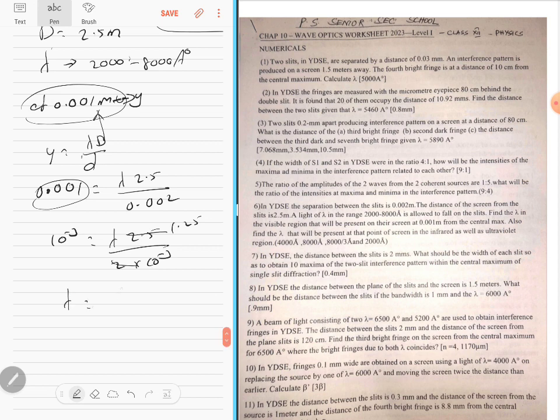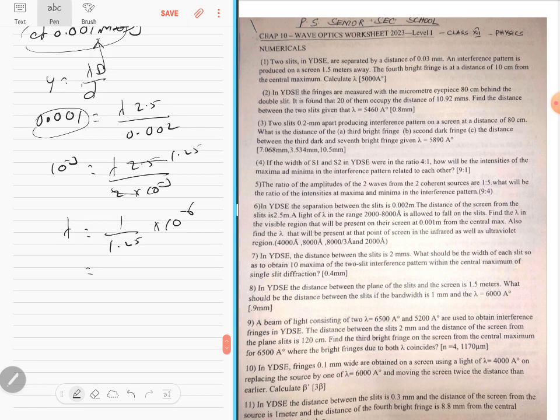So lambda will become 1 by 1.25 into 10 to the power minus 6, which is nothing but 100 by 125. Let's cancel this with 5: 5 2s are 10, 5 5s are 25, 5 4s are 25.